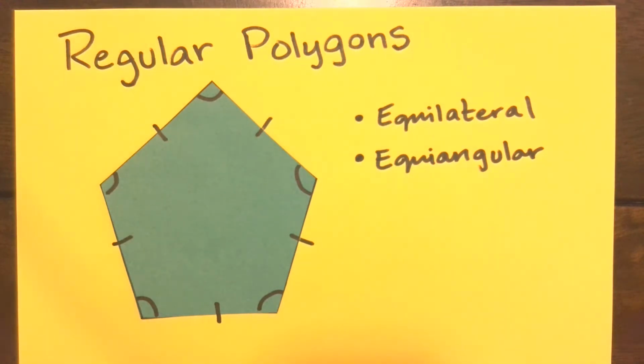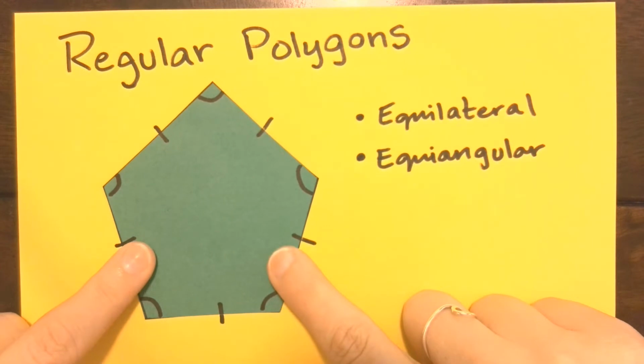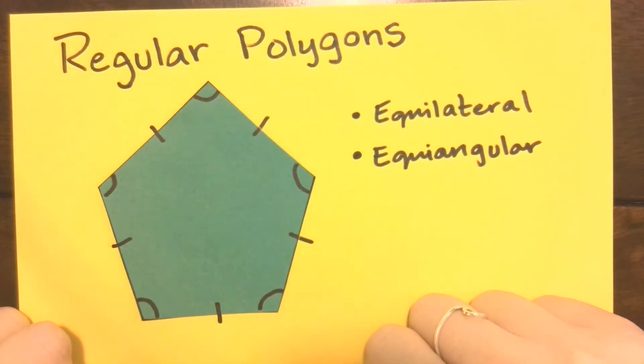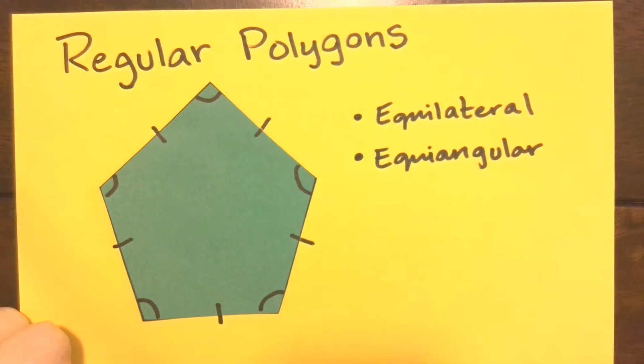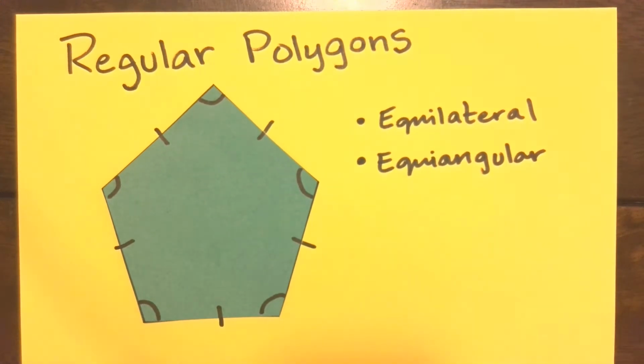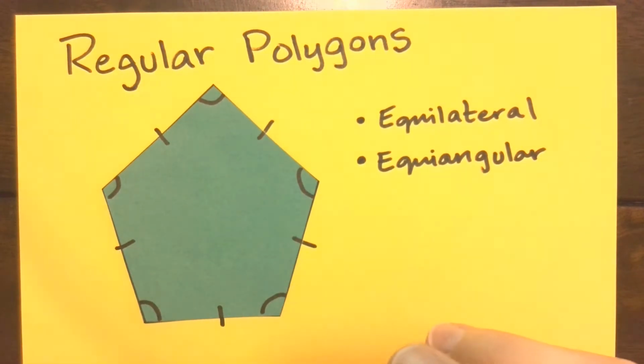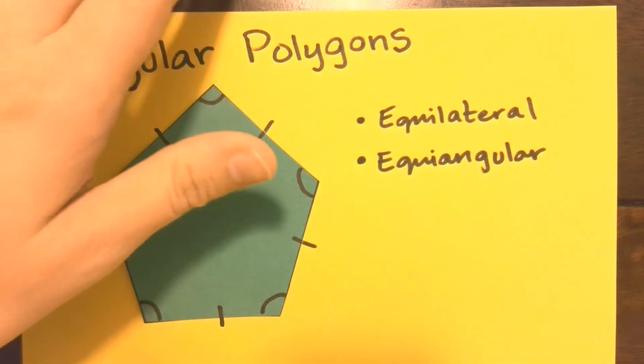So before I show you the formula, I want you to think about the pentagon that we've got right here. If you were going to find the area of this pentagon and say you did not have a formula, but you could use the formulas of other shapes, so you could possibly break down this pentagon into other shapes, how would you go about finding the area of it?